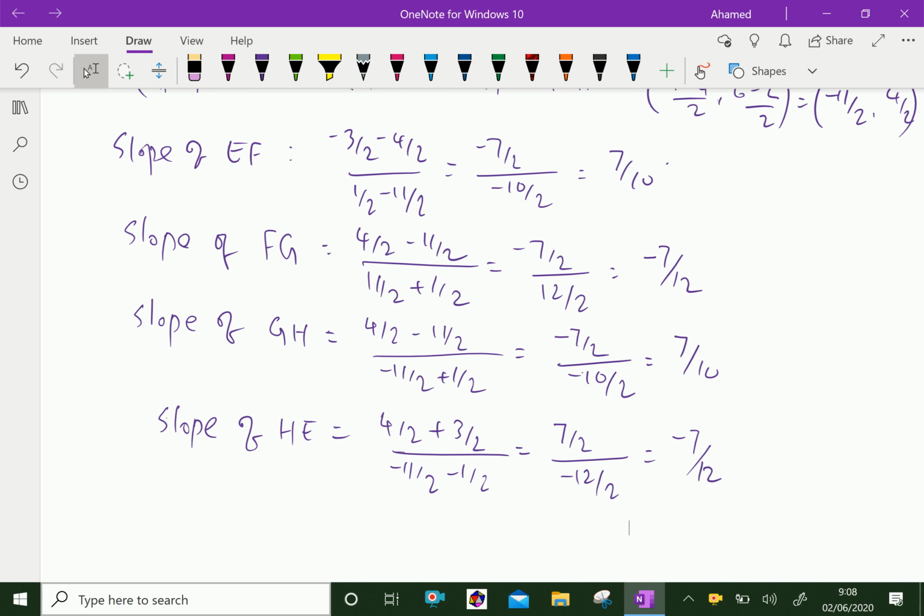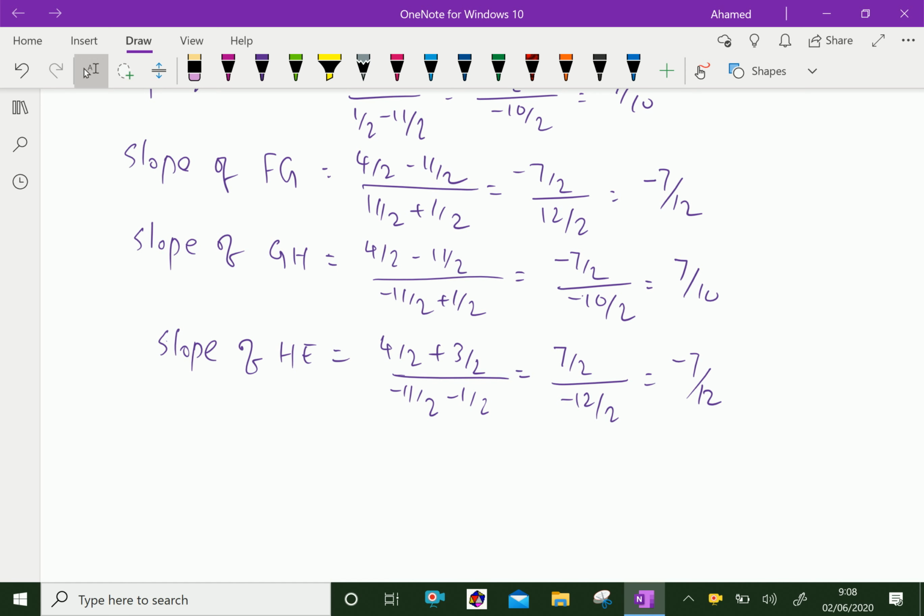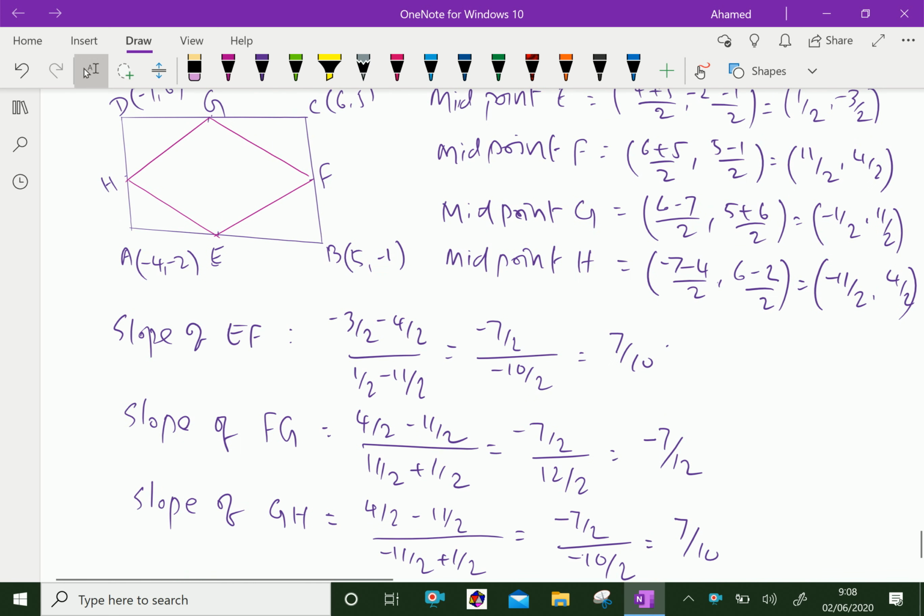And also we have to find the midpoint of EG and the midpoint of HF.